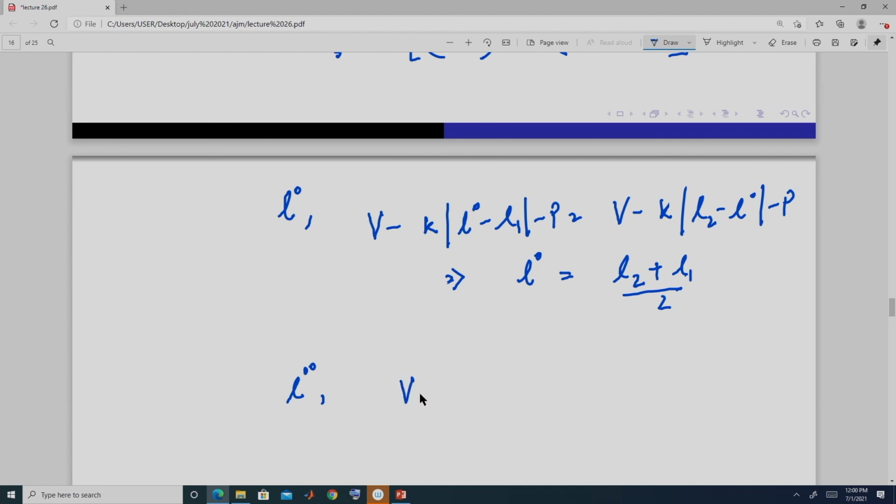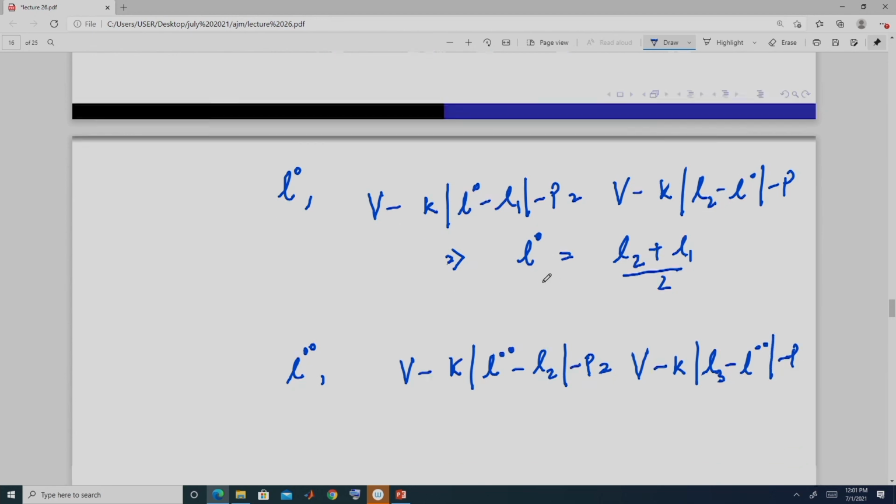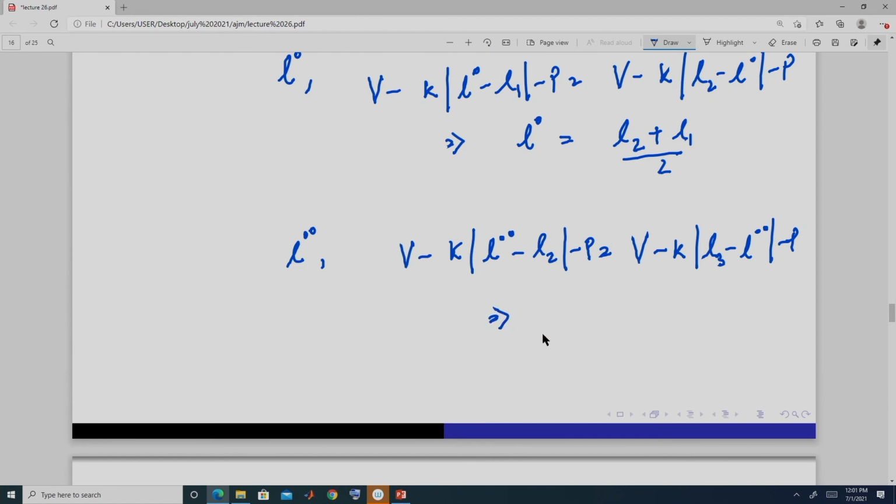L double naught is such that L double naught minus L2 is equal to L3 minus L double naught. So, it is indifferent between buying from firm 2 and firm 3. So, we get L double naught, this is the location of L double naught and this is the location of L naught.